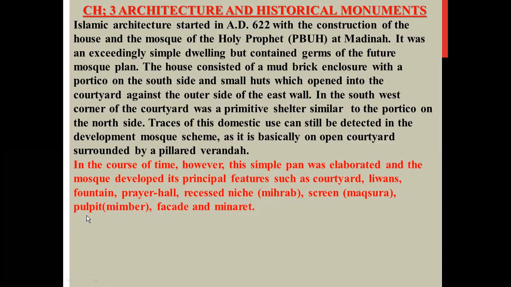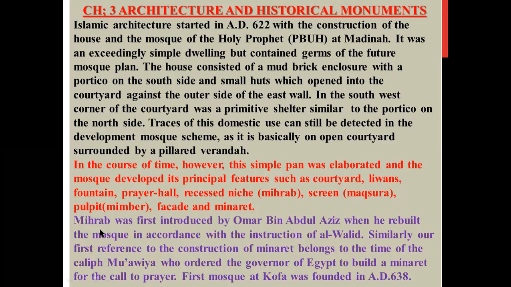Dear students, the mihrab was first introduced by Umar bin Abdul Aziz, who was the eighth caliph of the Umayyad dynasty, when he rebuilt the mosque in accordance with the instruction of Al-Walid, who was the sixth caliph of the Umayyad Sultanate. Similarly, the first reference to the construction of minarets belongs to the time of Caliph Muawiyah, who was the first caliph of the Umayyad dynasty.